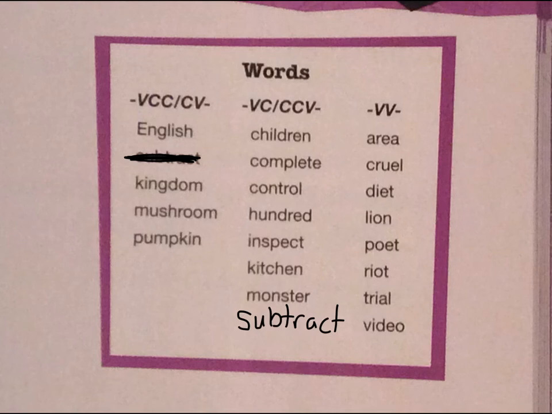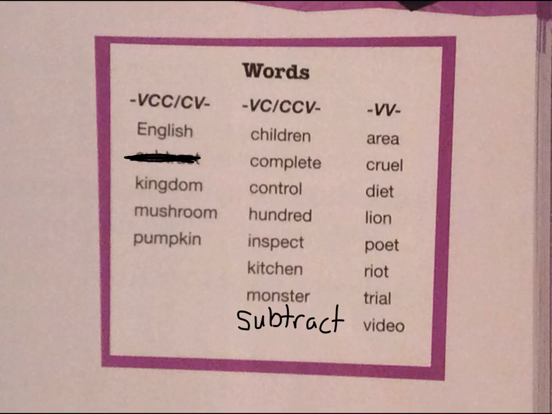Okay, so in our first column you should have English, kingdom, mushroom, pumpkin. In the second column you should have children, complete, control, hundred, inspect, kitchen, monster, and subtract. And in the last column you should have area, cruel, diet, lion, poet, riot, trial, and video.